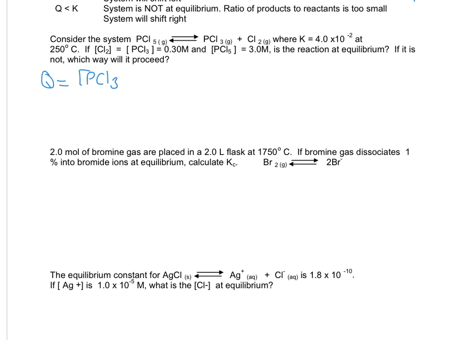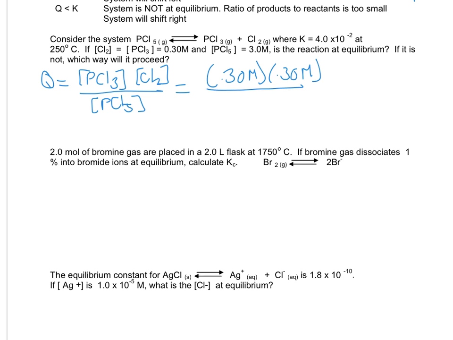So concentration of PCl3 times concentration of Cl2 divided by concentration of PCl5. We're given the values, so we're going to plug them in. PCl3 is 0.30 molar. Cl2 is also 0.30 molar. And PCl5 is 3.0 molar.